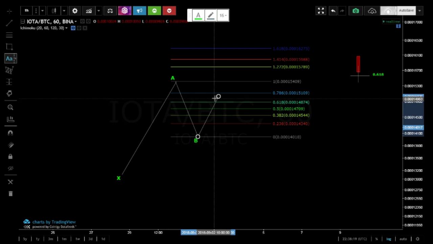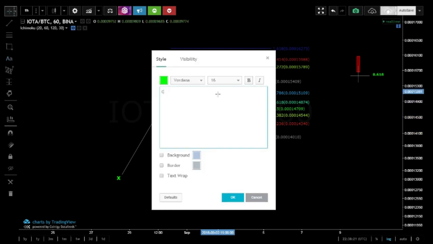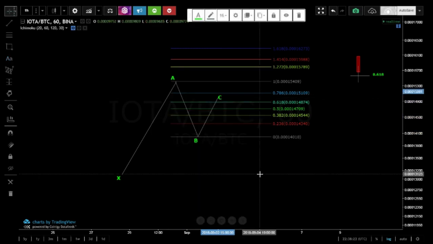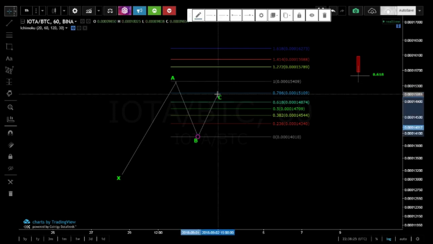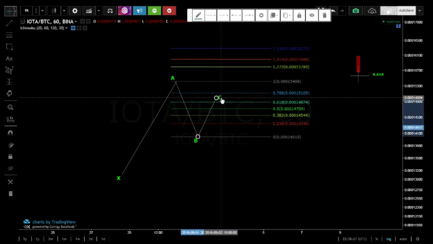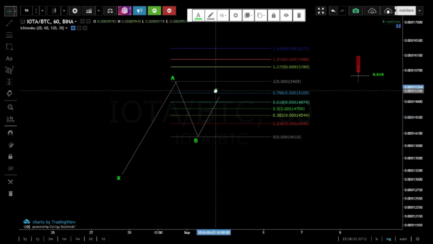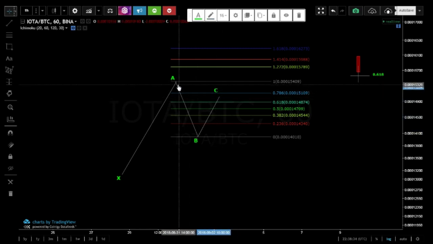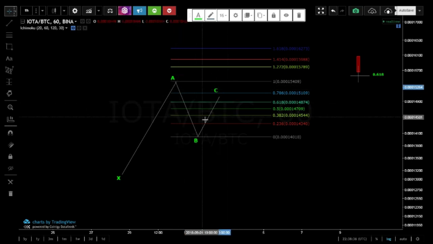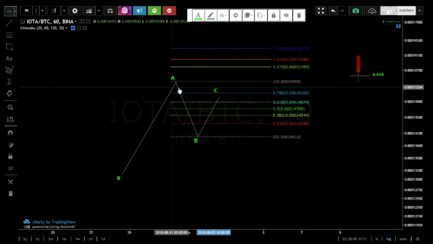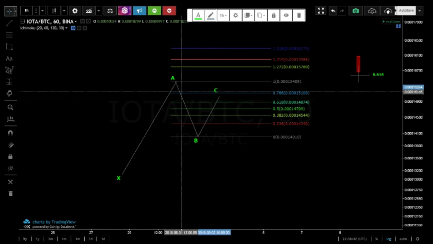Now take note of this. After getting your C leg, always look out for price that has a double top. Now the most important part of this Gartley pattern is the double top must not be on the same level.